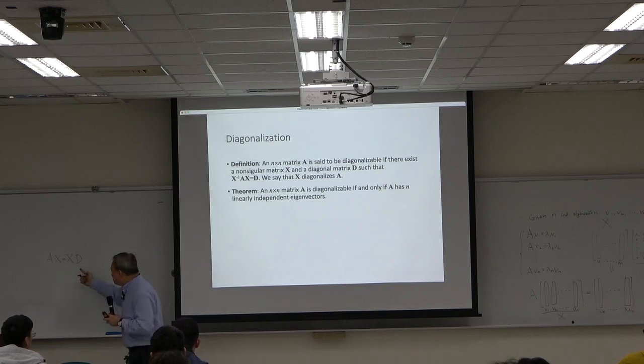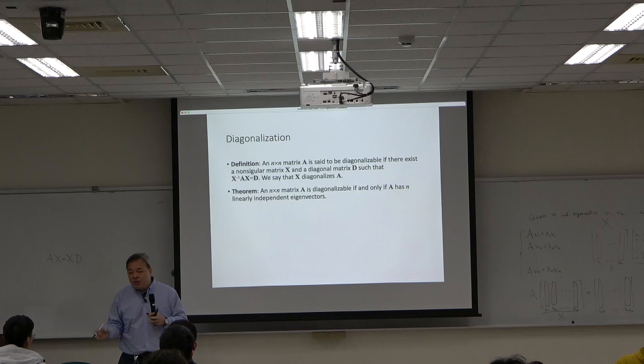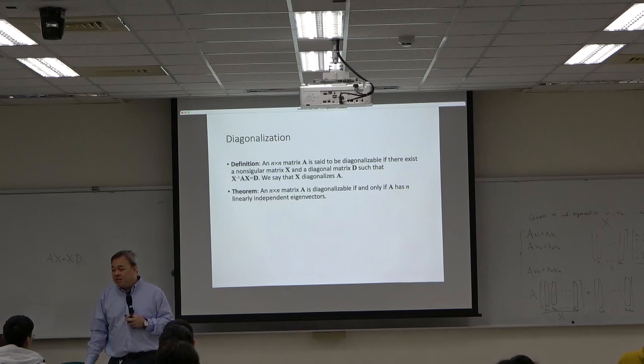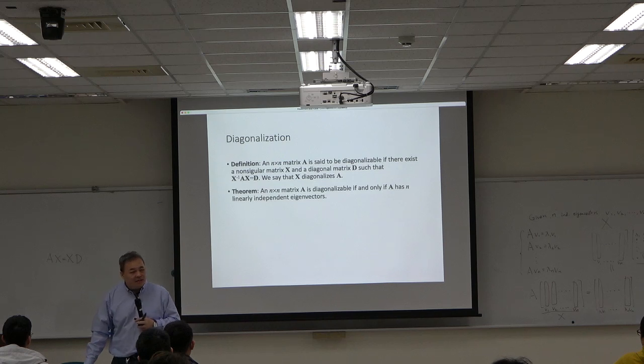If you have that, then obviously, because these eigenvectors are independent, for this square matrix its rank is n, right? So it means it's non-singular. If it's non-singular, its inverse exists, right?